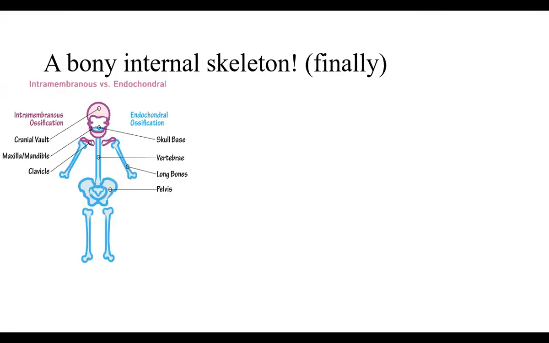You guys are in vertebrate paleontology, and now that all of January has passed, we finally have what we call a bony internal skeleton, a fossil record that has most of the bones of the body. When I say a bony internal skeleton, I'm talking about these endochondral bones that come almost all from that mesoderm cell layer when you're an embryo. They're preformed in cartilage and then turned into bone as the animal grows up through its life. I showed you this already.